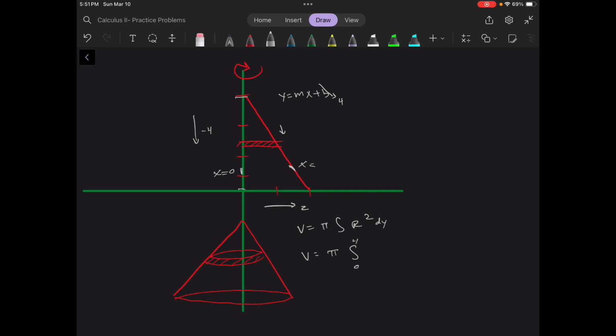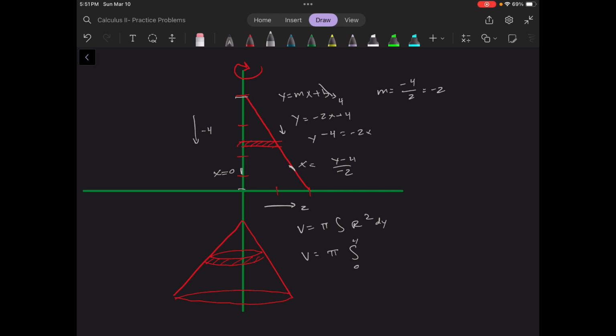Rise is -4, run is 2. That means m is rise over run, -2. So this line can be written as y equals -2x plus 4. But like I said, we need x, not y. So let's solve it for x. y minus 4 equals -2x, and x equals y minus 4 over -2.